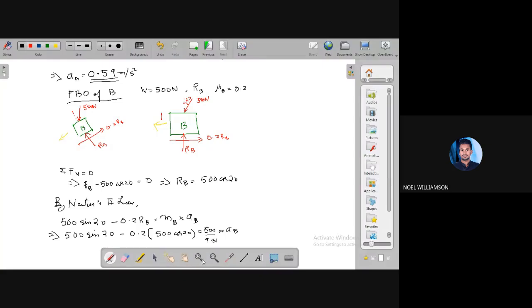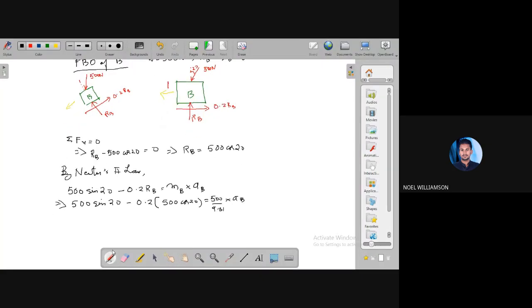And from there, 1.5 meters per second square. So you got the values for both acceleration of A and acceleration of B.